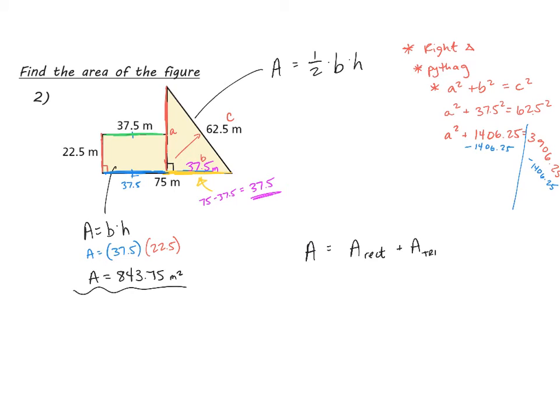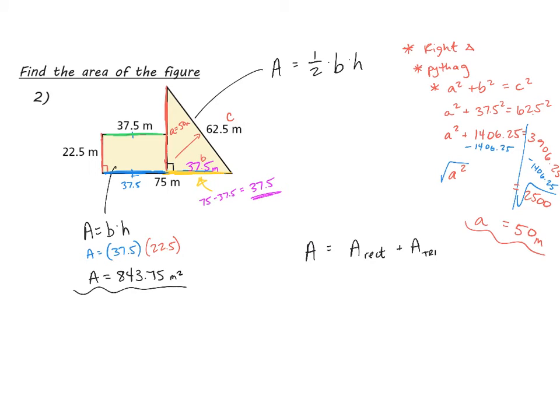Sorry, I got a little crammed in that corner there. And A squared is going to equal 2,500. Ooh, that's going to come out so nice. Square root both sides, and A equals 50. Cool, that worked out really nice. So after doing Pythagorean theorem, I know that A equals 50 meters. And that's the height of my triangle.